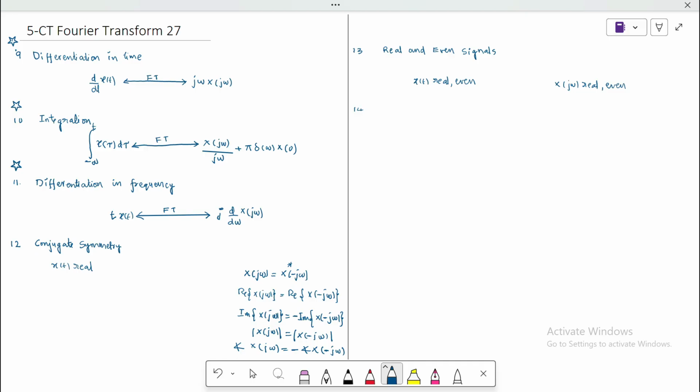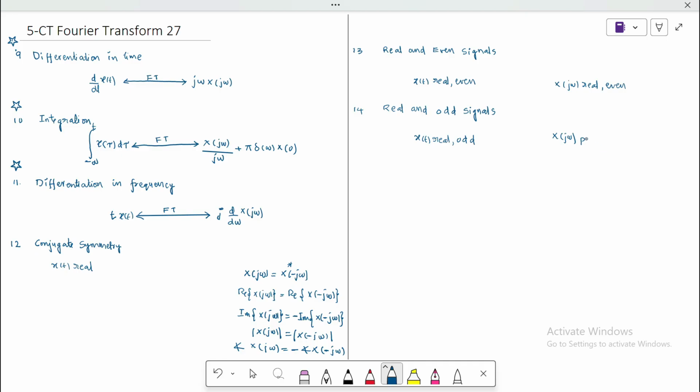So in the 14th, now the signal is real, but odd. So if x of t is real but odd, then x of j omega becomes purely imaginary.